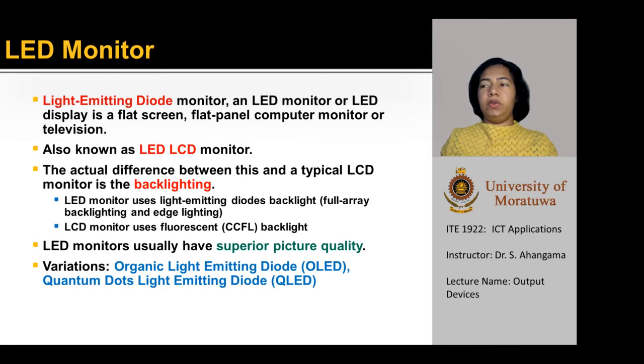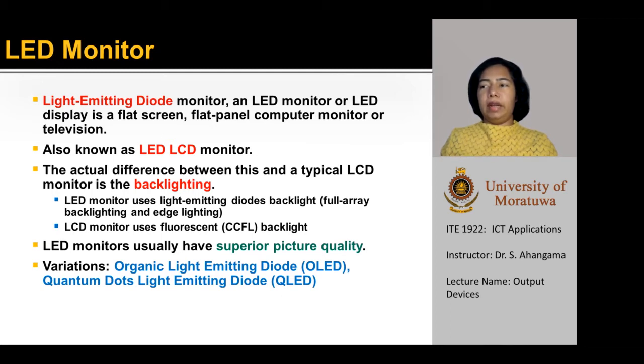LCD monitors use a fluorescent backlight, which we call CCFL. But LED monitors use a light emitting diode backlight. There are two types of LED backlighting, full array backlighting and edge lighting.